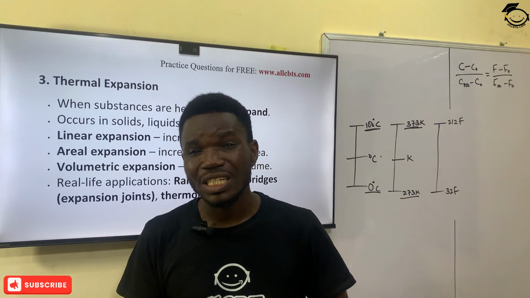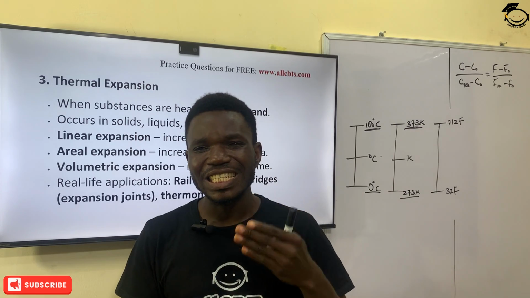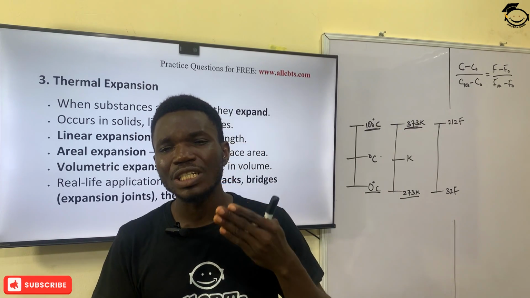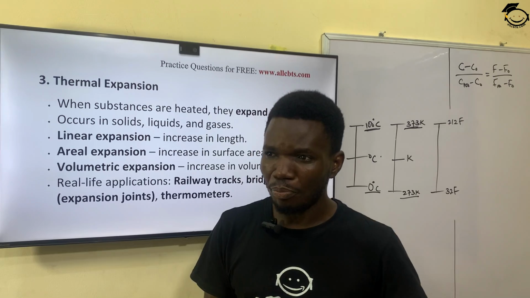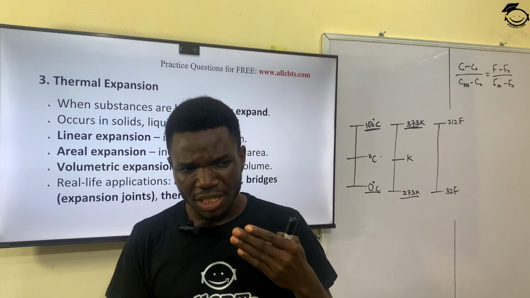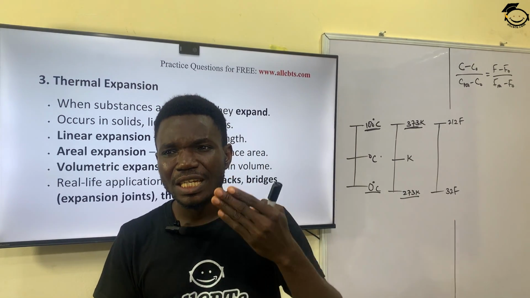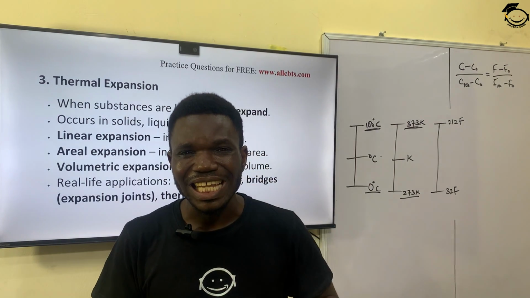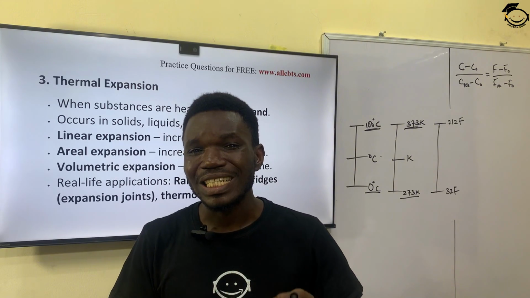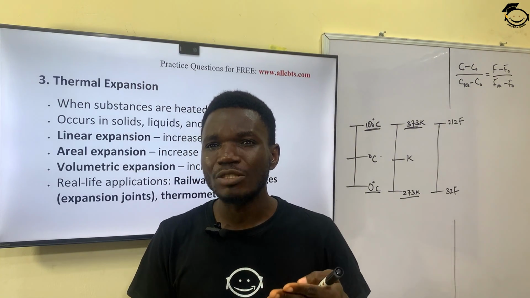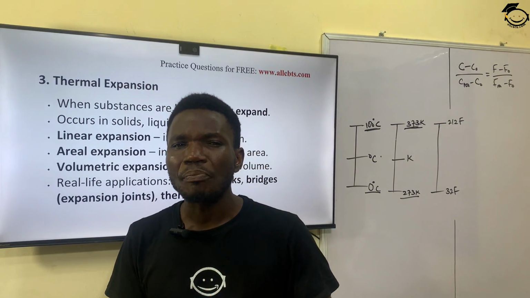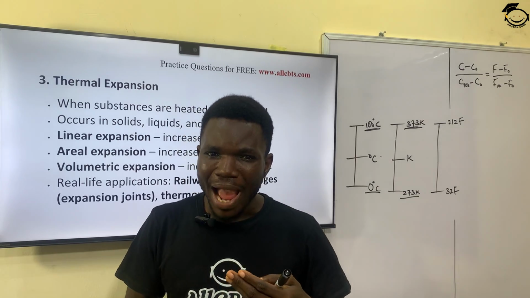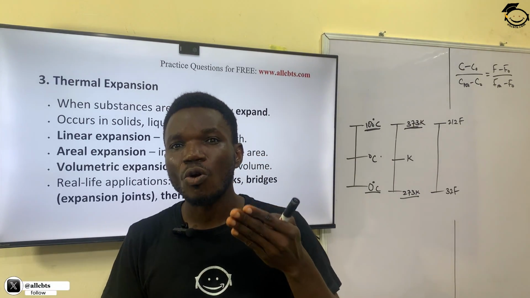The first one, linear expansion, is the increase in length per unit length per degree rise in temperature. What does this mean? It means for every increase in the length of the body, you are relating it with the temperature increase that caused that increase in length.